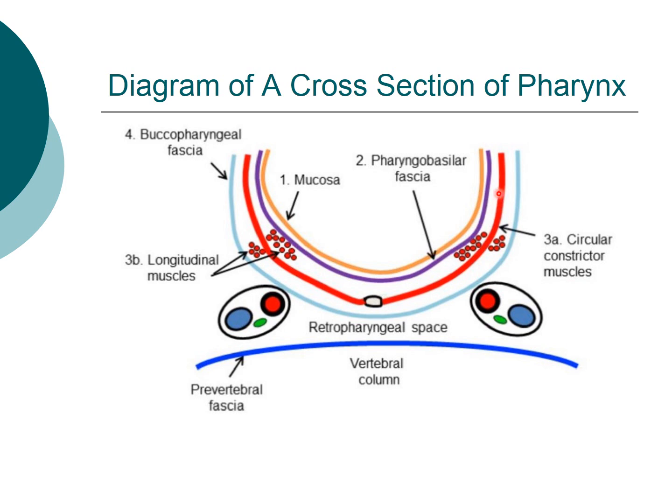Number 3 is this muscular layer. It is formed of circular muscles and longitudinal muscles. The outermost layer is the buccopharyngeal fascia, which covers the muscles of the pharynx and also the buccinator muscle.